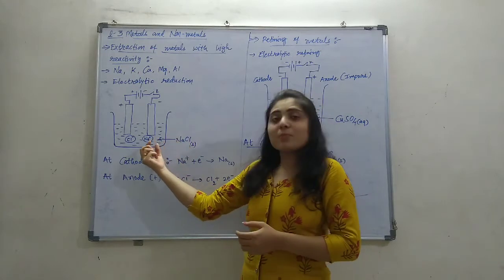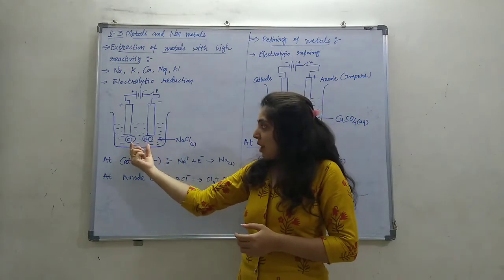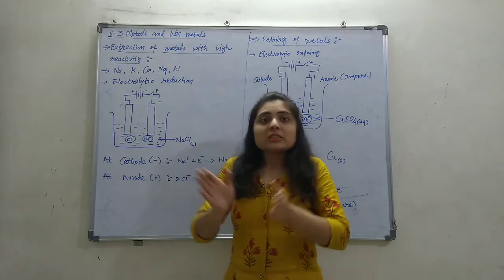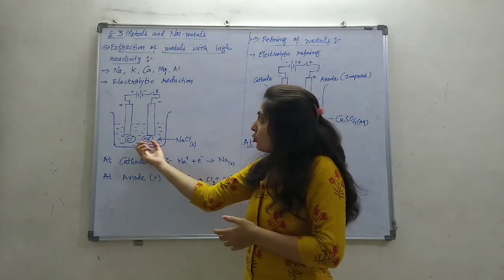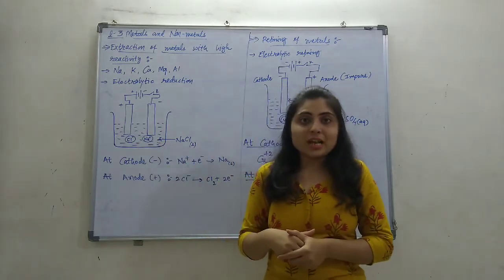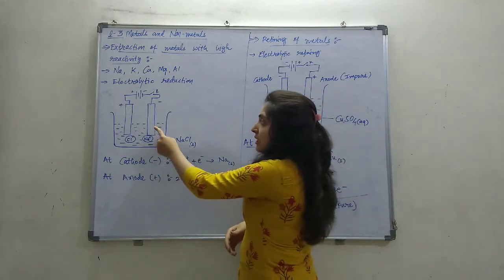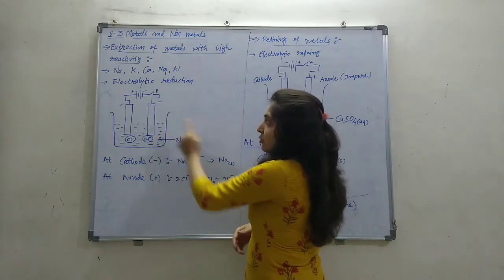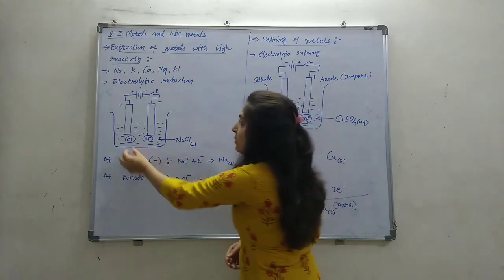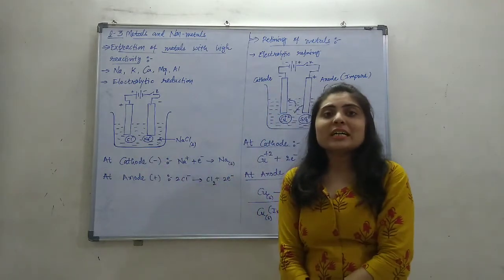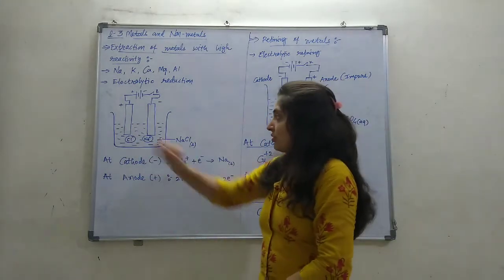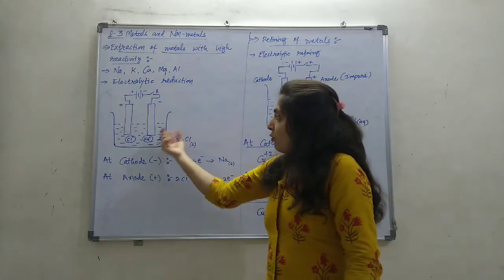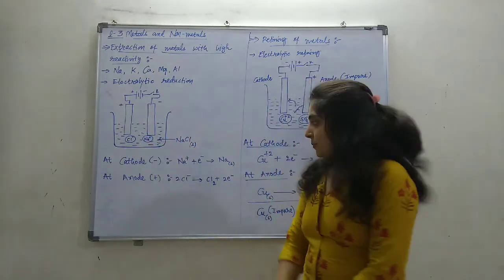These Na+ and Cl- ions will be attracted towards the respective electrodes. Na+ will be attracted towards the negative electrode and Cl- will be attracted towards the positive electrode. So what happens at these two electrodes?